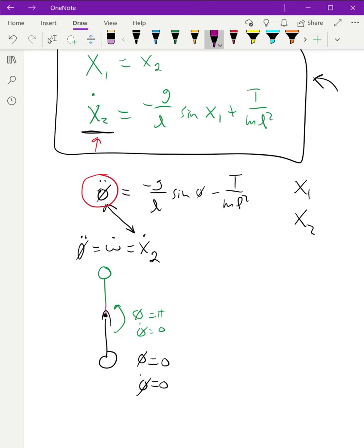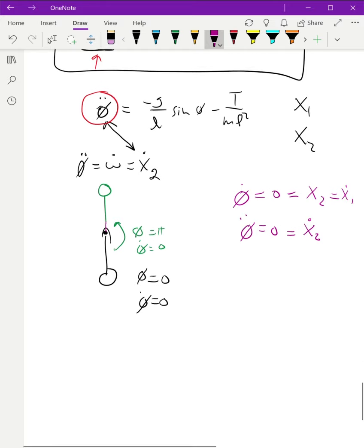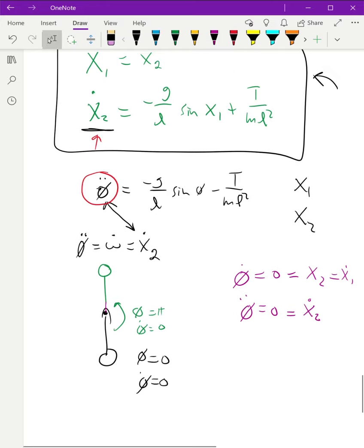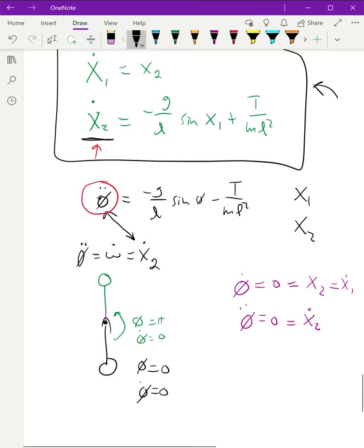So we know that equilibrium occurs when the derivatives are equal to 0. So that's theta dot equals 0, theta double dot equals 0. In our state variables, theta dot is equal to x2, and theta double dot is equal to x2 dot. It's also equal to x1. Right? So we can go and replace our state space derivatives with 0.